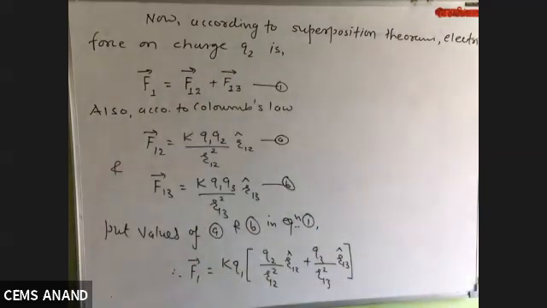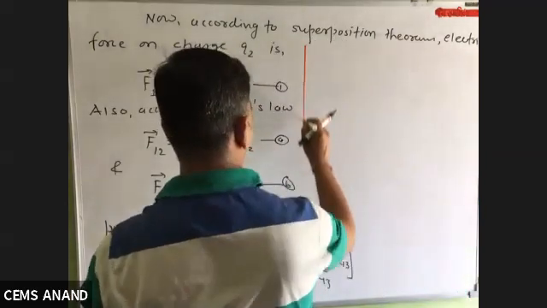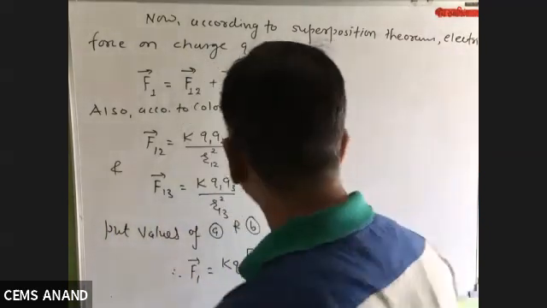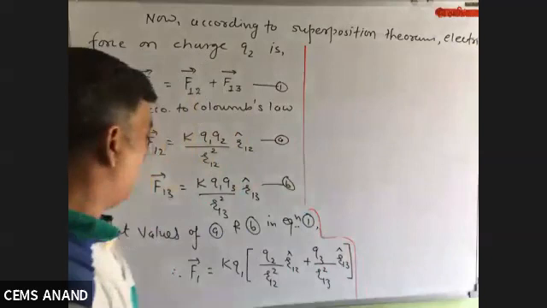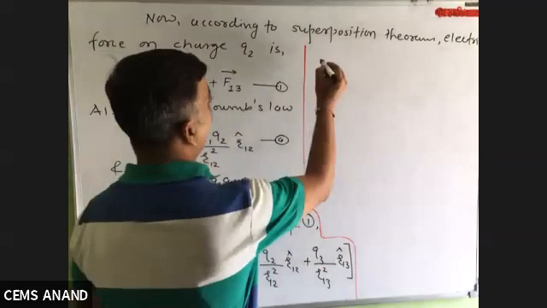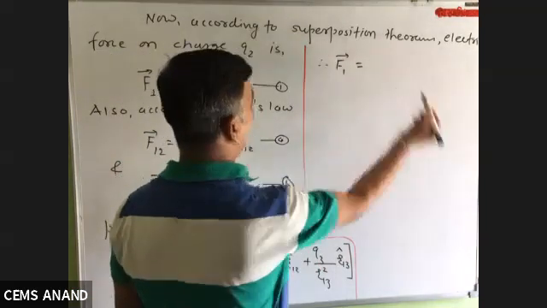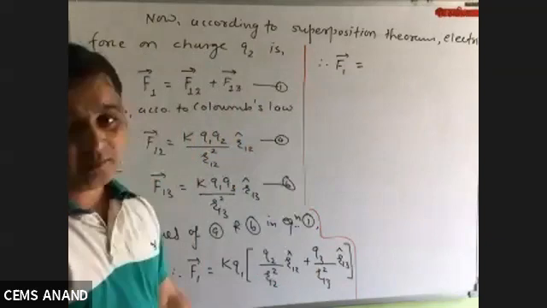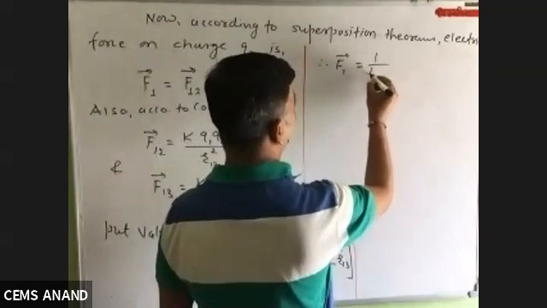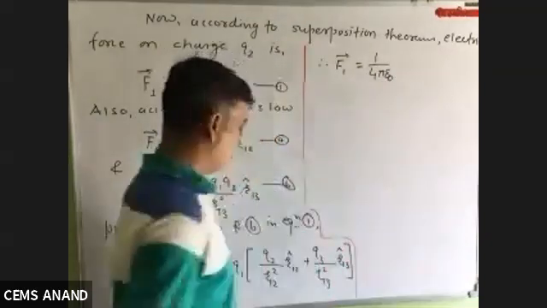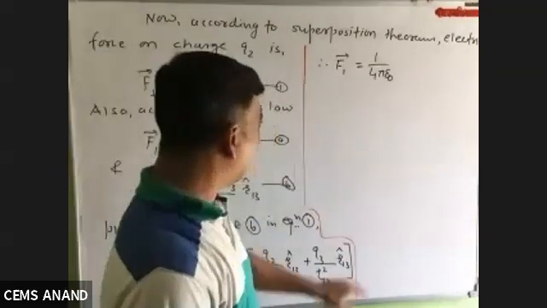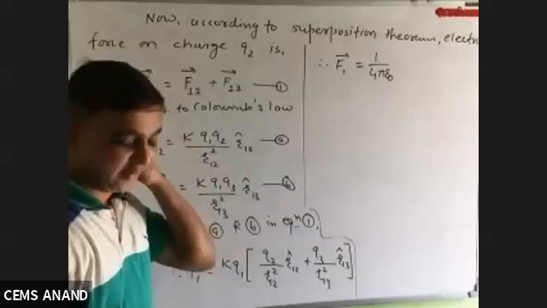Now, F1 is also written with 1 upon 4 pi epsilon 0 for K, just to make it attractive only. Nothing else, no change is there.